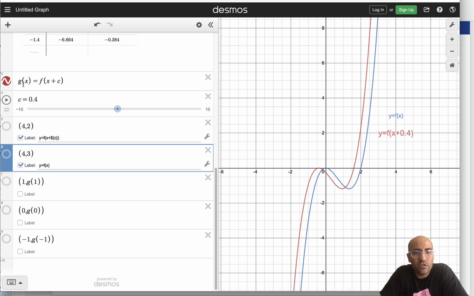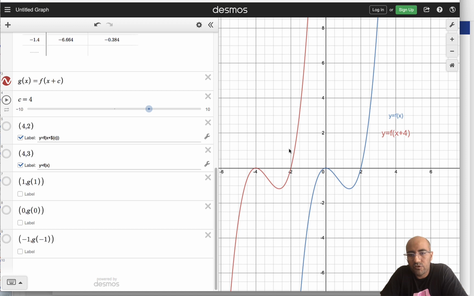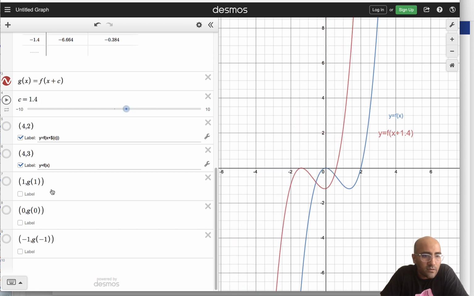And then the g function is equal to f of x plus a constant, where that constant at the moment is 0.4, and you see how it's been shifted to the left by 0.4, shifted to the left by 0.5, by 0.6, by 0.7, right? So the more we add there, the more it shifts to the left. Notice that the exact same picture is retained, the same image, the same curvature, it's just been shifted to the left. And likewise, we can also add a negative, so that looks a little funky.